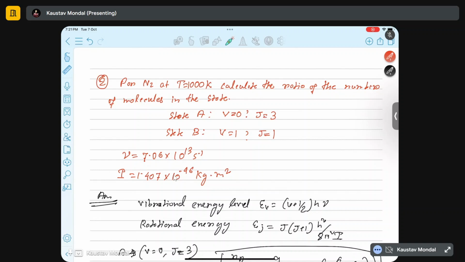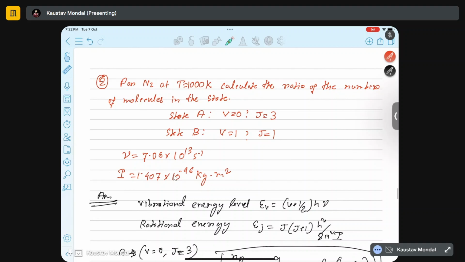One is state A, which has vibrational state V equal to 0 and rotational state J equal to 3, and for state B the vibrational state is 1 and the rotational state J is equal to 1. And here the vibrational frequency nu, for the single vibrational mode, is given, 7.06 into 10 to the power 13, and the moment of inertia is also given.